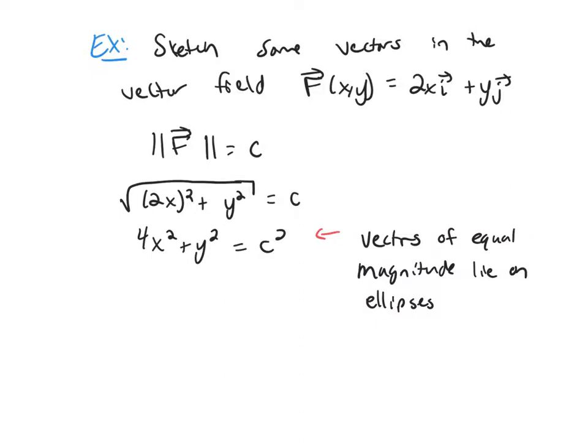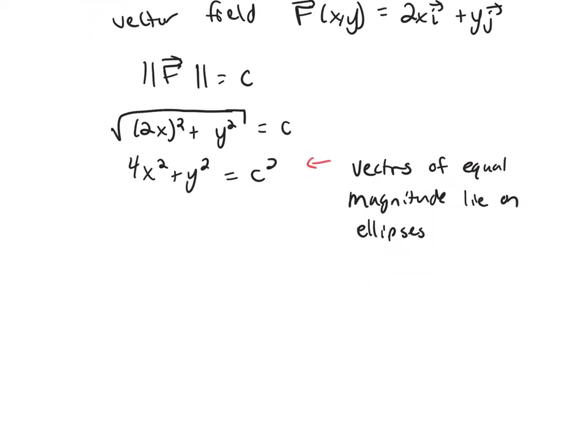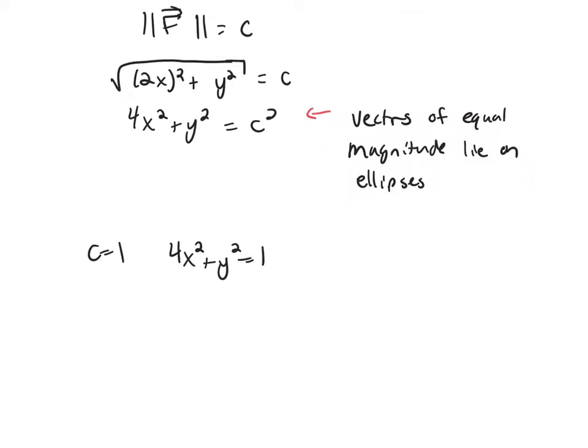So let's pick a value of c. Let's go with c being 1. If c is 1, then my equation is 4x squared plus y squared equals 1. If I write this in standard form for an ellipse, this would be (1/2) squared.